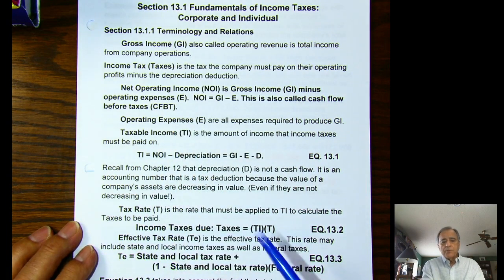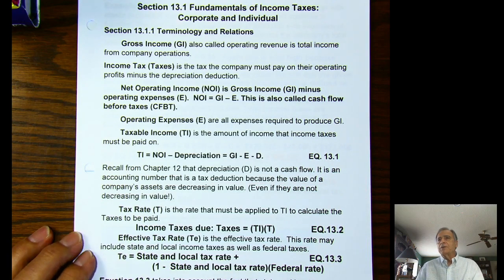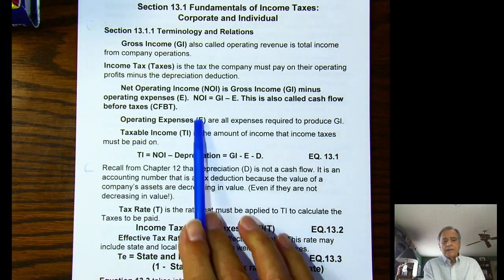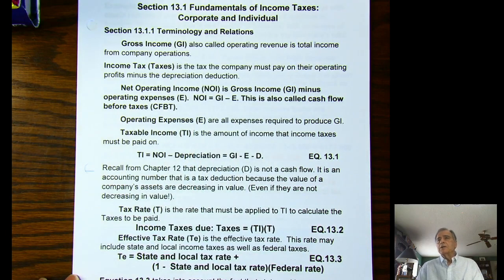As far as operating income, this is true, but then we also have cash flow before taxes associated with buying the equipment, which we called P earlier, or the original basis, and also there's a salvage value. Those are not operating incomes, but these are the operating incomes that affect cash flow before taxes.